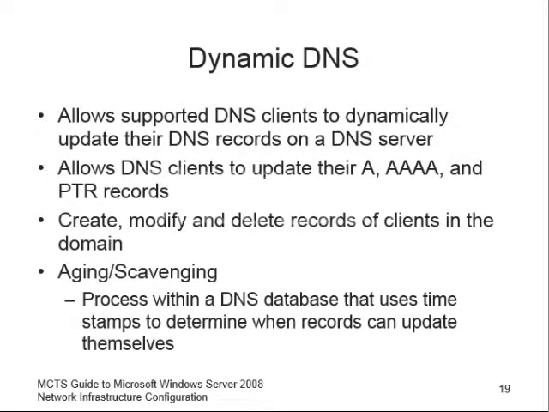The refresh interval must be longer than the maximum record refresh period. When scavenging is enabled, this is set to 7 days by default as well. A DNS record becomes eligible for scavenging after both the no-refresh and the refresh intervals have elapsed, for a total of 14 days by default.